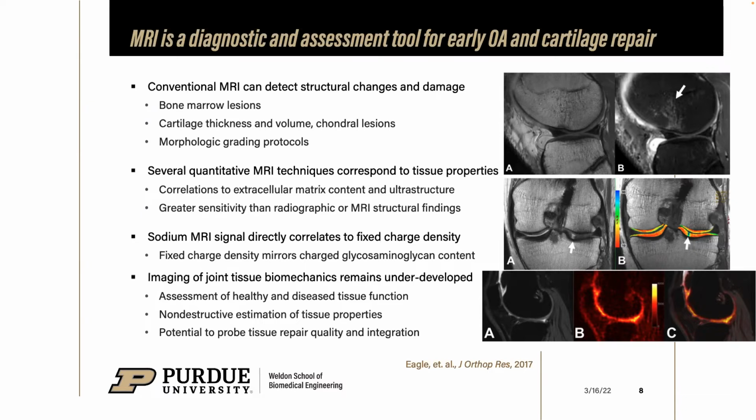And it allows you to be able to non-invasively, right? So in cartilage as well as in other tissues, it allows you to be able to non-invasively estimate what the tissue properties might be. And it's also a really good indication of how well a tissue repair might be integrated, right?